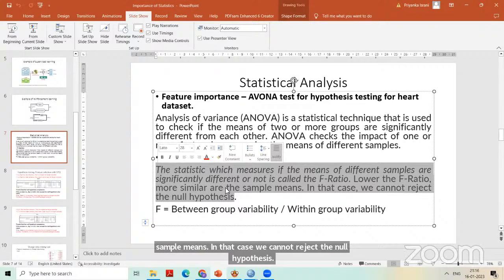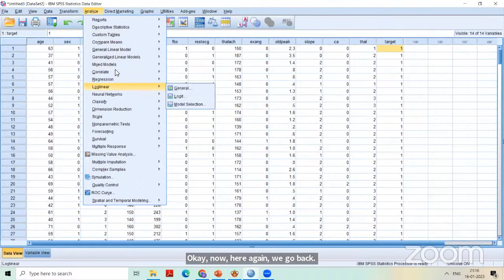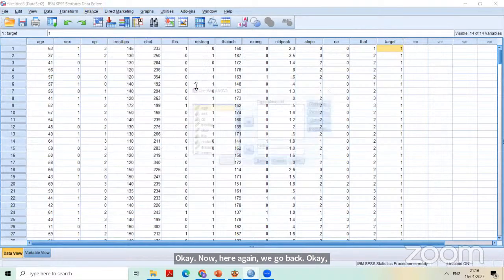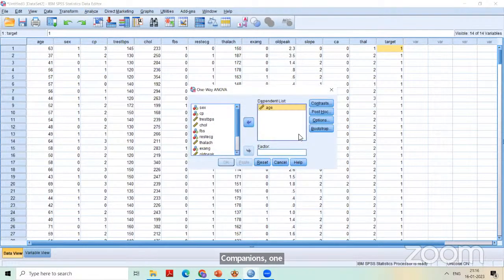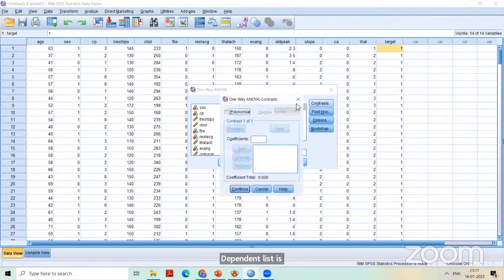Okay. So here, this is the F statistics. We are interested in this F statistics and this significance. Now, again, we will go back. Analyze, Compare Means, One-Way ANOVA. The dependent list is set, contrast is no. Continue.